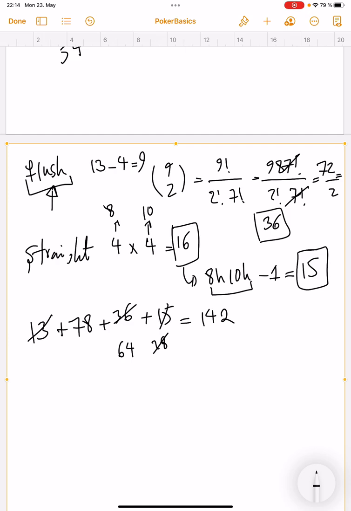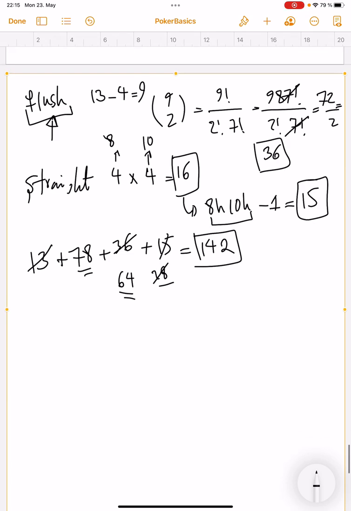So 13 and 15 will be 28, 36 and 28 will be 64. Did we make that correct? Yes. This is also correct. 78 and this one should be 230. I hope that this is correct. So these are the total combinations which we lose to.